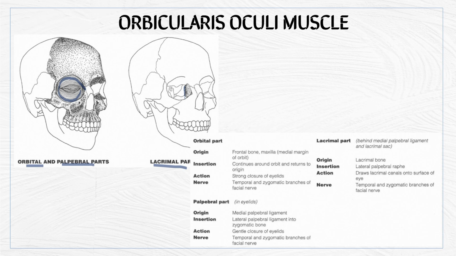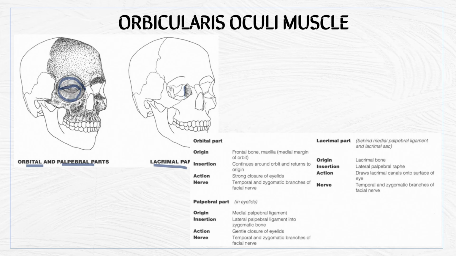And this one is the palpebral part. It originates from the medial palpebral ligament and inserts into the lateral palpebral ligament, which is present in the zygomatic bone. The center part is the palpebral part.